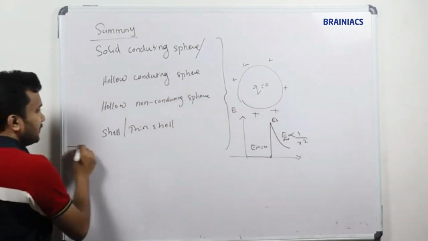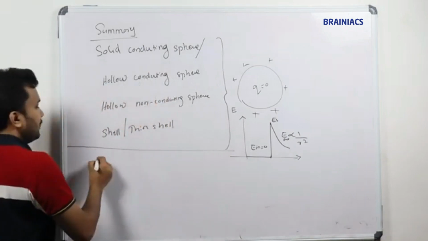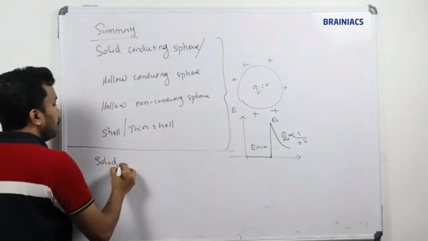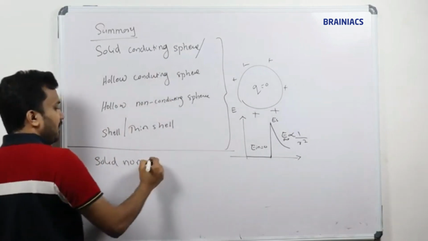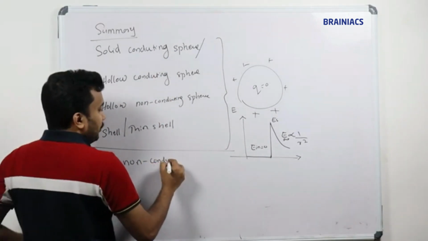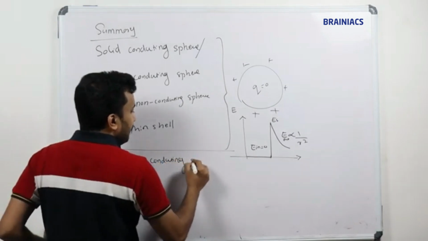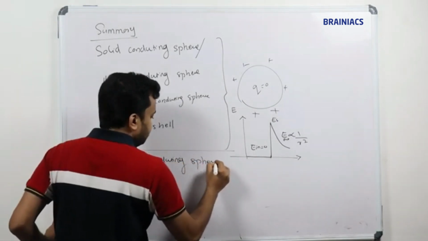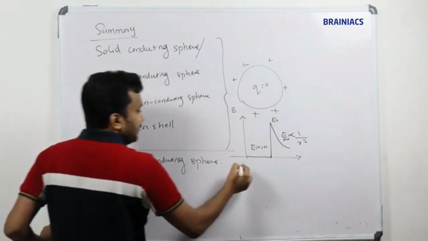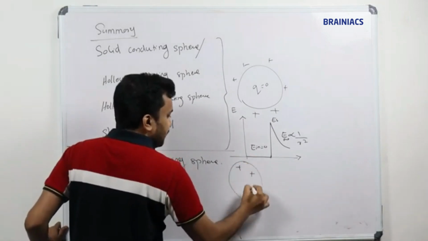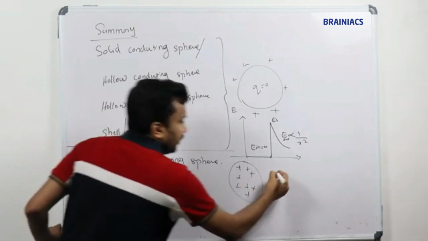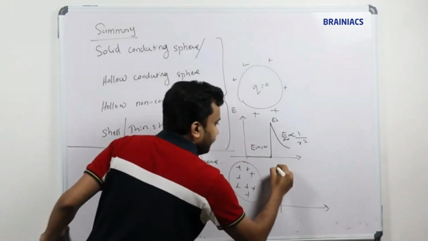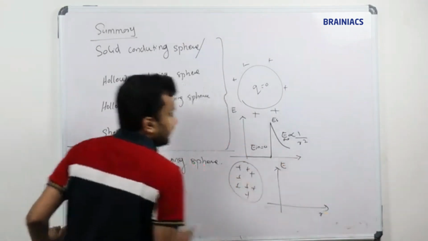This is one case. Another case we have learned about is the solid non-conducting sphere. This is different from this one, that's why I put a demarcation line. Solid non-conducting sphere means inside it is not empty; inside and on the surface everywhere it is filled with charges. So what is the graph for this one, electric field intensity with respect to distance?